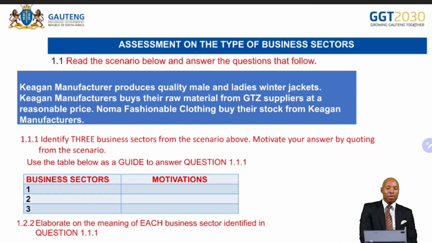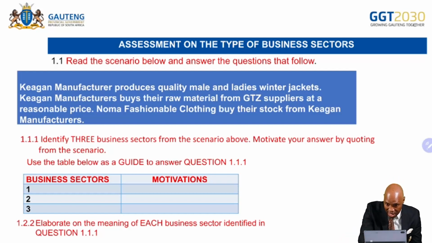Now, how questions may be asked, you may be required to identify the sector. When you say primary sector, why do you say primary sector? When you say tertiary sector, why do you say tertiary sector? And motivate. How do you motivate? You motivate by quoting from the scenario. As the instruction says here, motivate your answer.